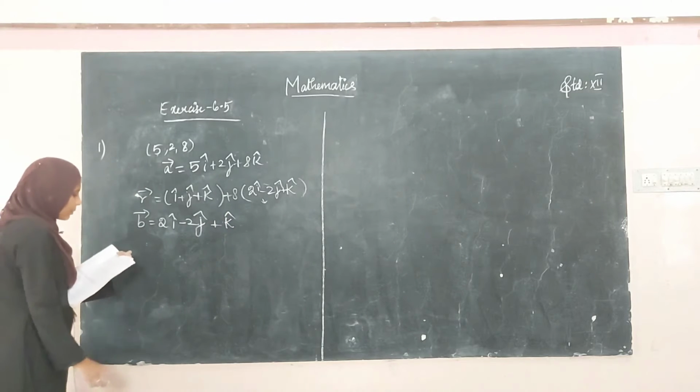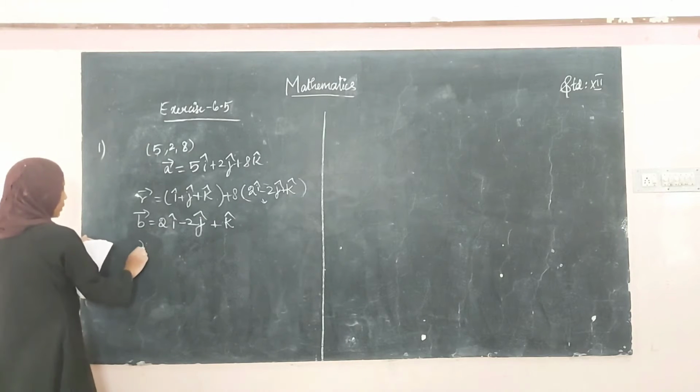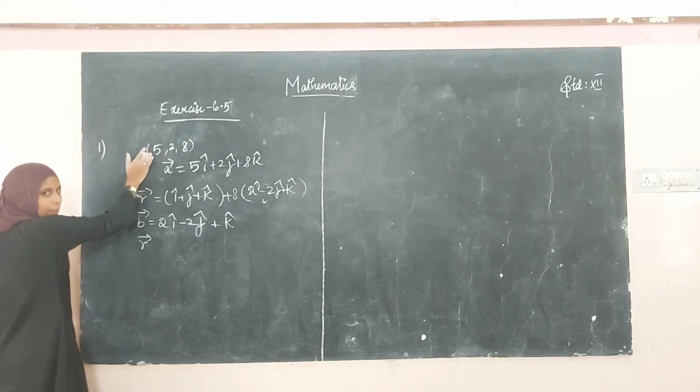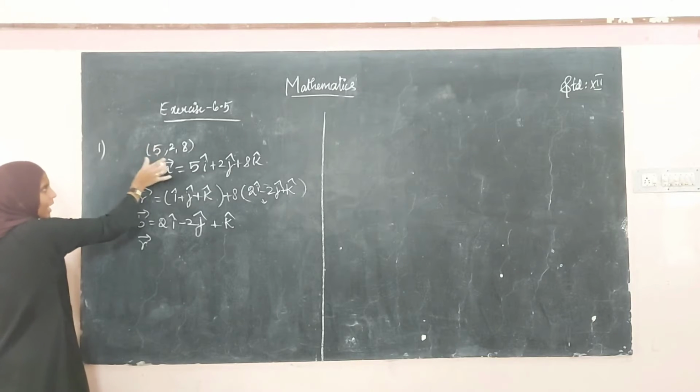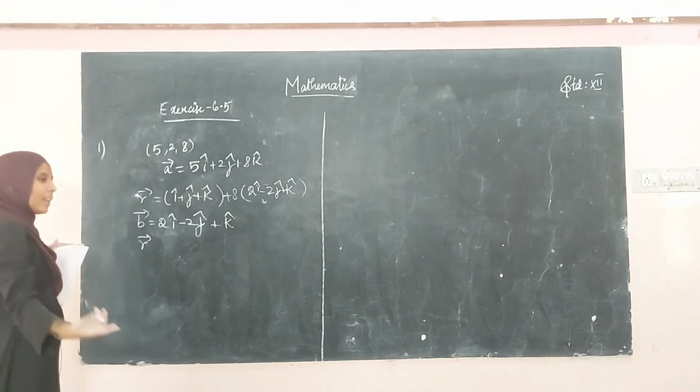Okay, and another thing they have given, another line. We have to find the parametric equation of this straight line. It is having the point and this straight line is perpendicular to another two straight lines.